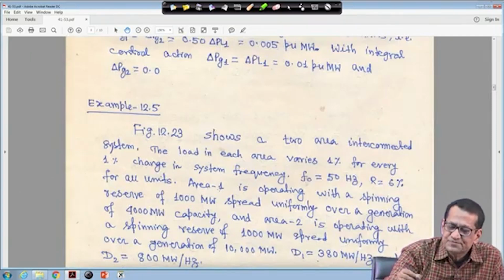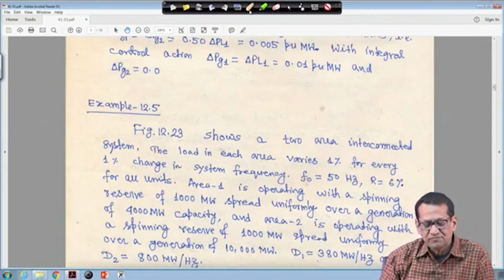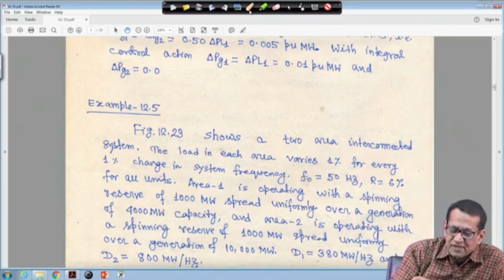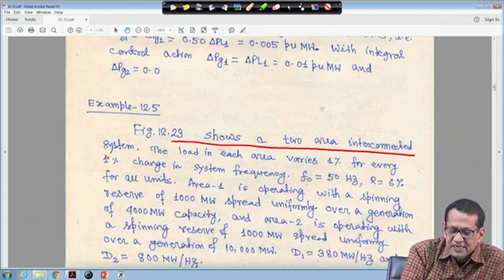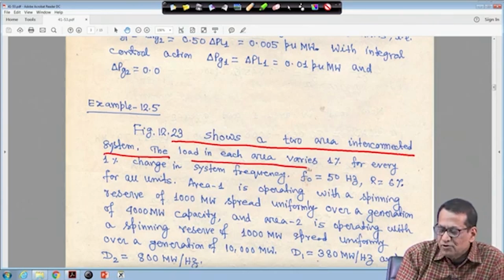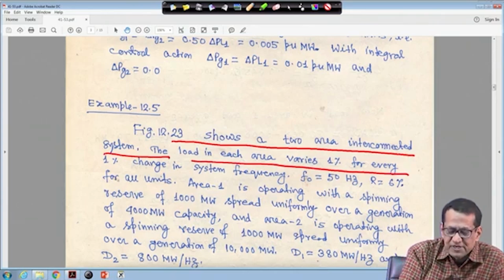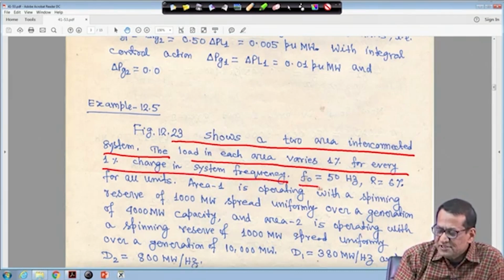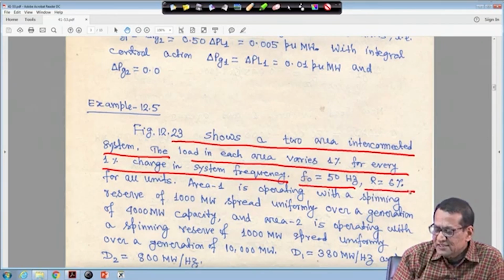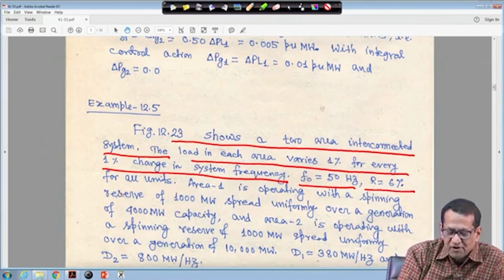Here, figure 23 shows a two area interconnected system. The load in each area varies 1% for every 1% change in system frequency, and F0 is equal to 50 hertz, R is equal to 6% for all the units.